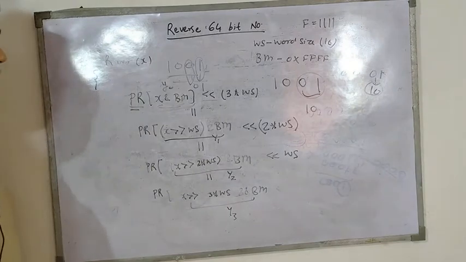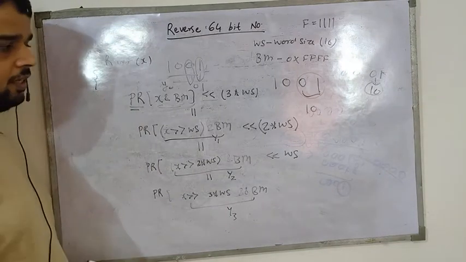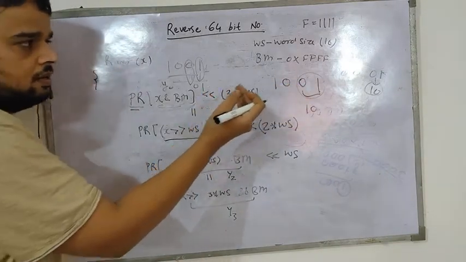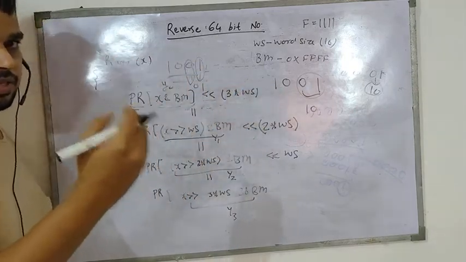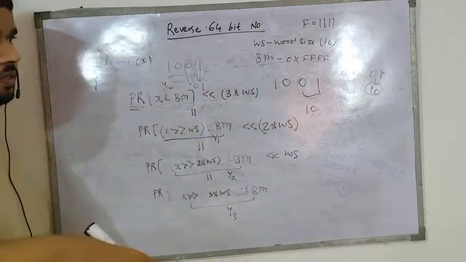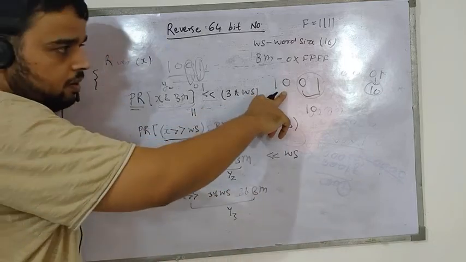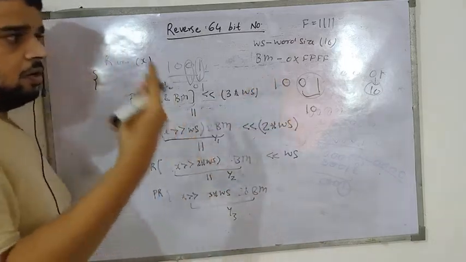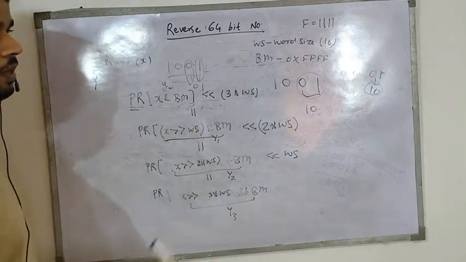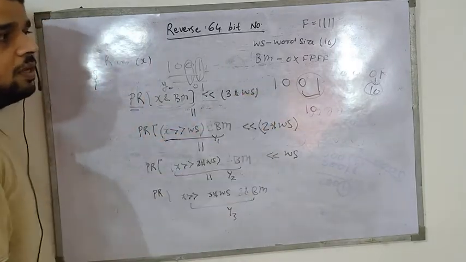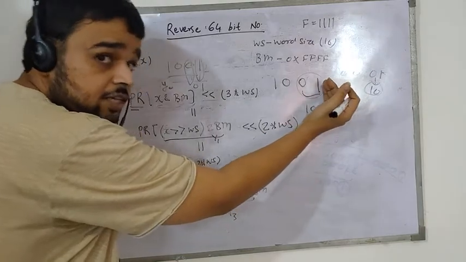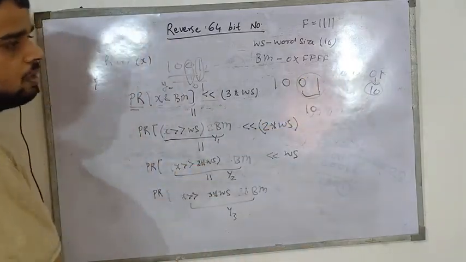Similarly, for extracting the remaining 16, because I have divided my 64 bit into 4 words of size 16 bit. Here I have divided my 4 bit into 2 words of size 2. Now for extracting these 2 bits, I need to right shift by size 2, by word size.